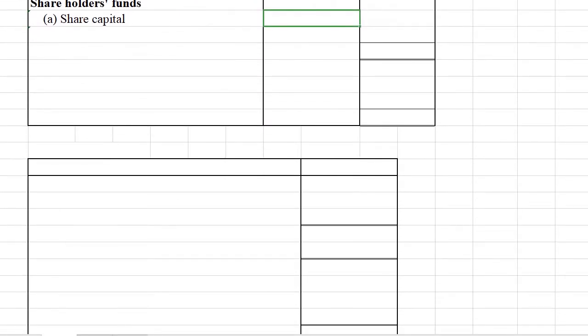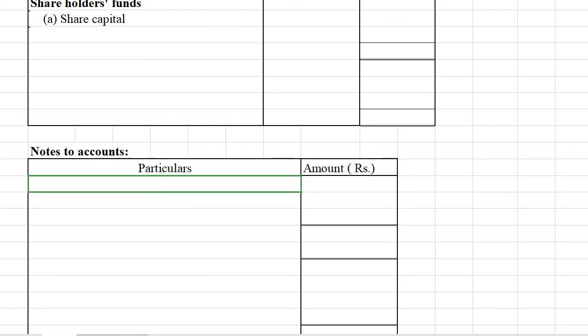So here is notes to account. Notes to account we have made. Particulars amount heading is given. So note number 1, share capital. In that first item, authorized share capital.